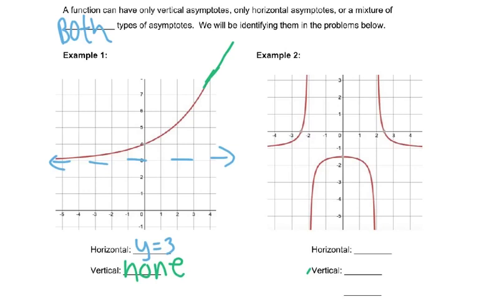For example 2, I'm going to start with horizontal. The horizontal asymptote is going to be right here at y equals -1. And then for our vertical asymptote, we have 2 locations. That's why there's 2 lines there.